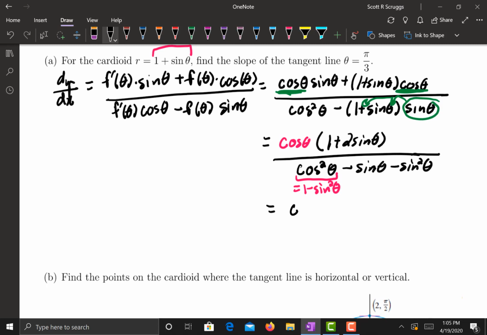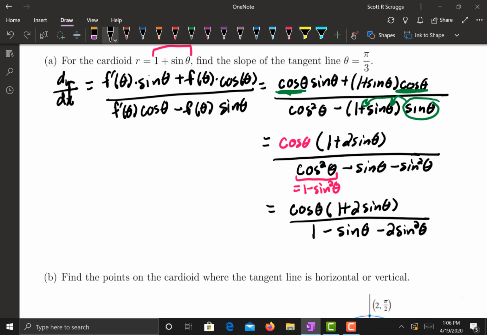Meaning I have cosine of theta, let's write down theta, and then 1 plus 2 sine of theta divided by, and when I do that substitution for 1 minus sine squared, because of that extra sine squared, I'm going to get at the very end a 1 minus sine of theta minus 2 sine squared of theta.